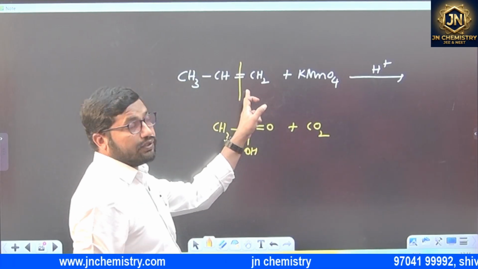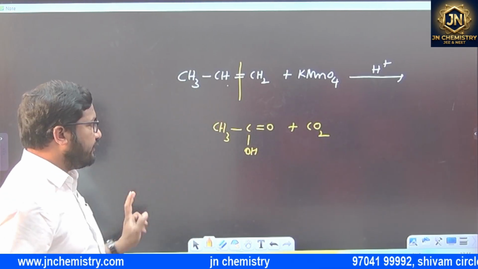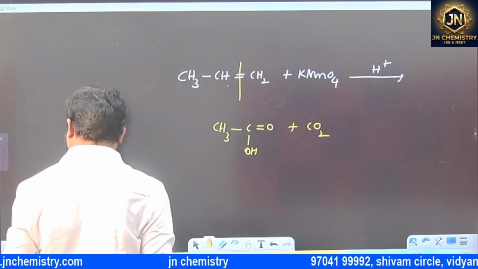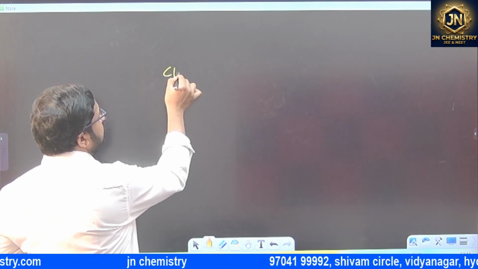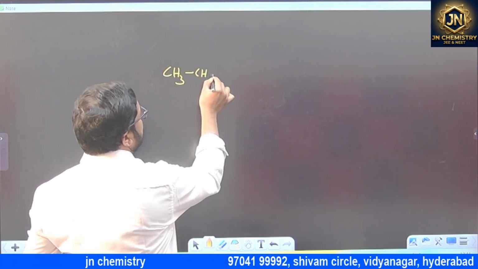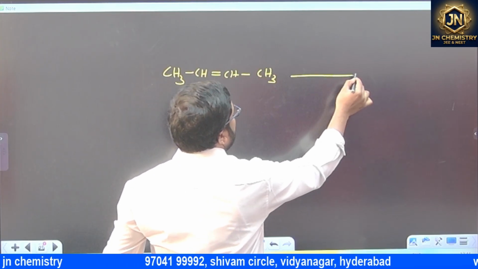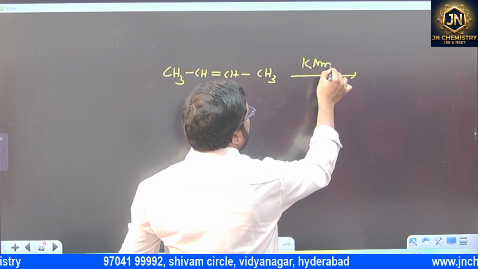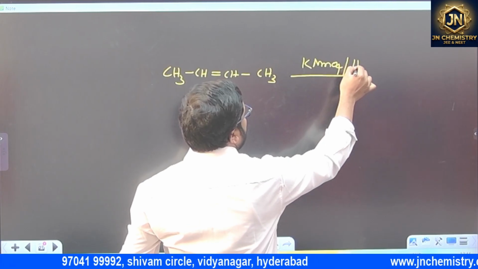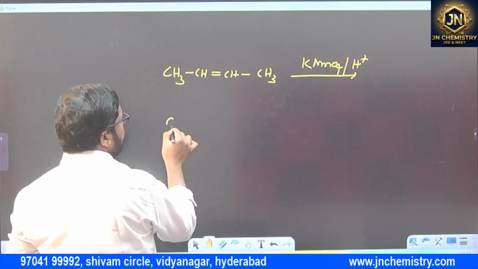This is converting into CO2, C double bond O, OH, like the previous case. Now do this as homework, KMnO4, do as homework.